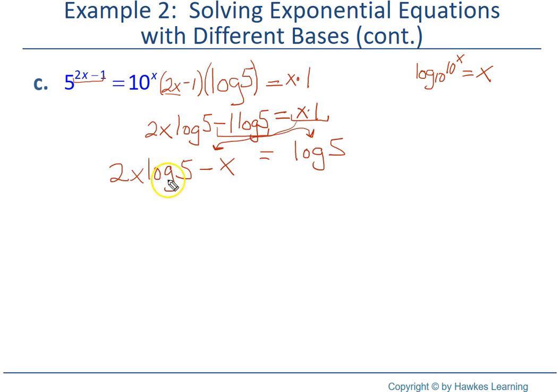Now I want to get my x's out of here, so I'm going to factor the x's out of here, and I get x, taking this x out and this x out, 2 log of 5, and then this becomes a negative 1 here, equals log of 5.